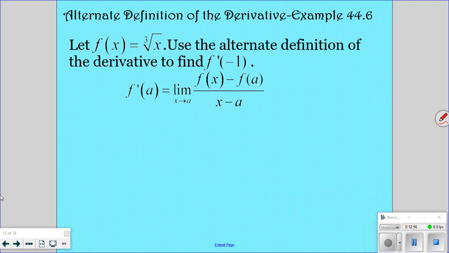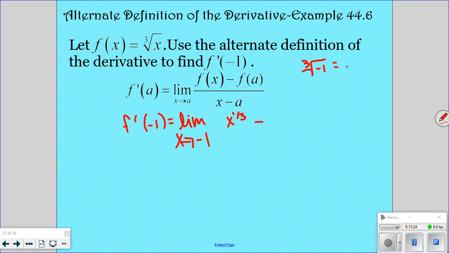So for this one, our a is going to be negative 1. So the limit as x approaches negative 1, our function is the cube root of x, which I'm going to write as x to the 1/3. And then if we have f of negative 1, we're looking for the cube root of negative 1.